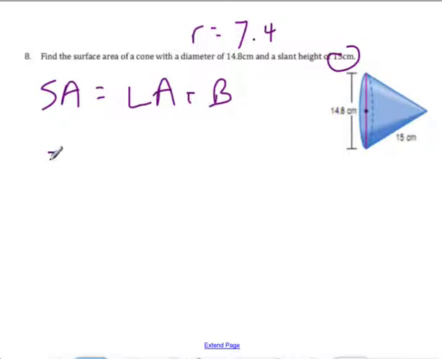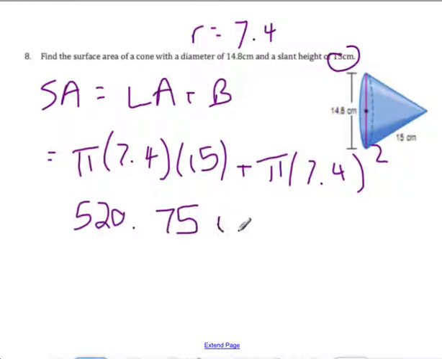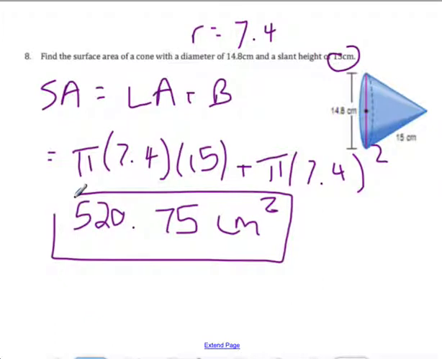So I'm going to have pi times the radius, which is 7.4, times the slant height, which is 15, plus the area of the base, which is pi times r squared. You can type this whole thing in your calculator right now. Pi times 7.4 times 15 plus pi times 7.4 squared. And when you do that, you get 520.75 centimeters squared.